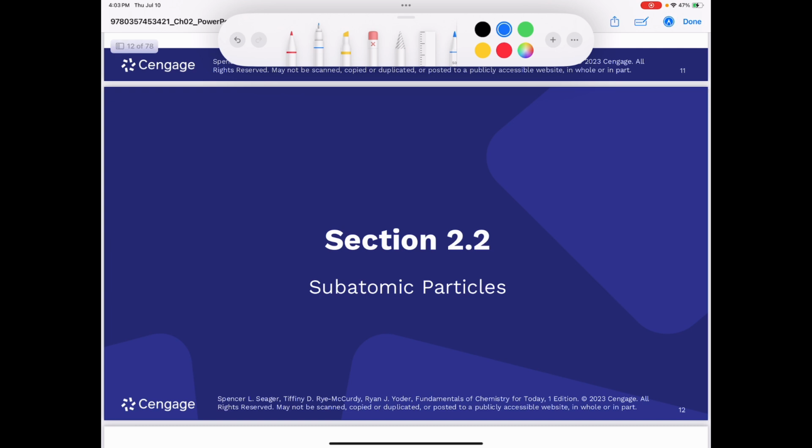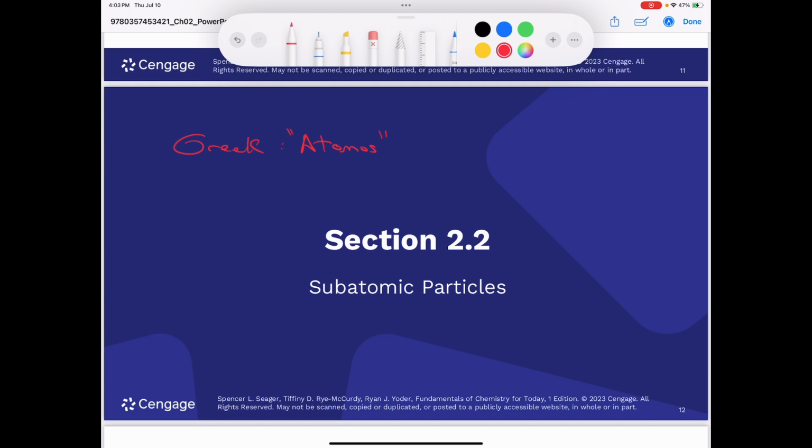All right, let's talk about subatomic particles. And you might remember that I told you about the Greeks, right? The Greek philosopher Democritus came up with the idea of atomos, okay, which he said was the smallest particle that could exist. And the thing that the Greeks lacked was experimentation, right?